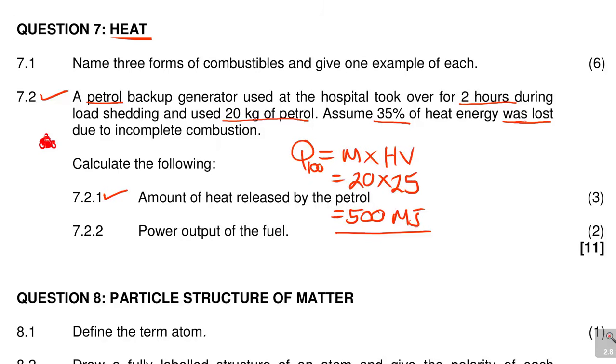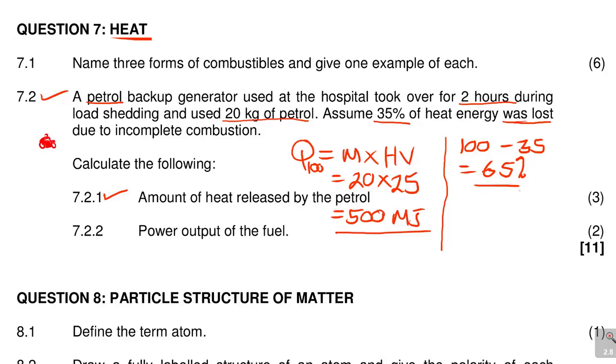But they mention something. They say assume 35% of heat was lost. So if 35% of heat was lost from 100, it means 100 minus 35% is equal to 65% of heat was used. Which means the efficiency was 65%.